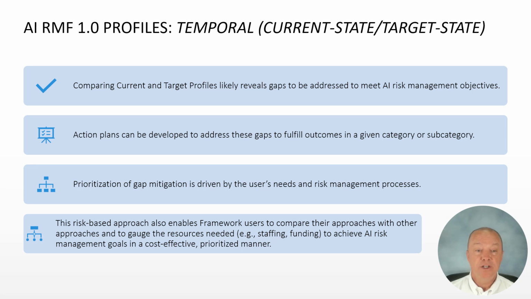And prioritization of gap mitigation is driven by the user's needs and risk management processes. And the risk-based approach also enables framework users to compare their approaches with other approaches to gauge the resources needed to achieve AI risk management goals in an effective and comprehensive and prioritized manner.